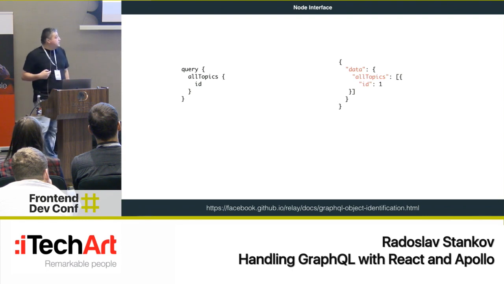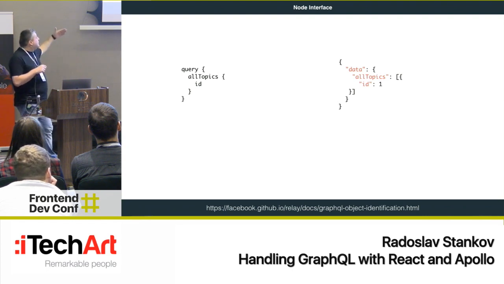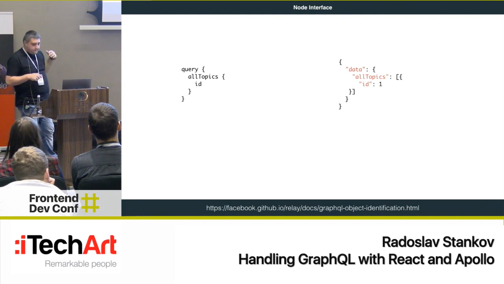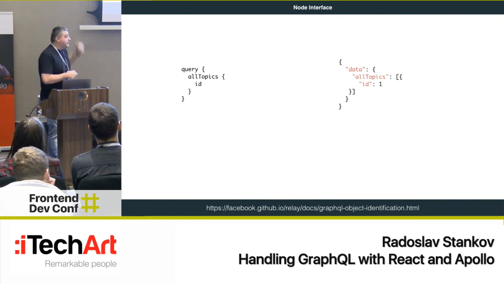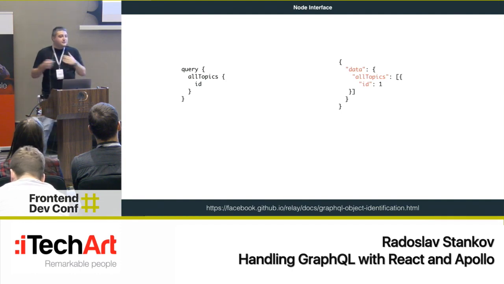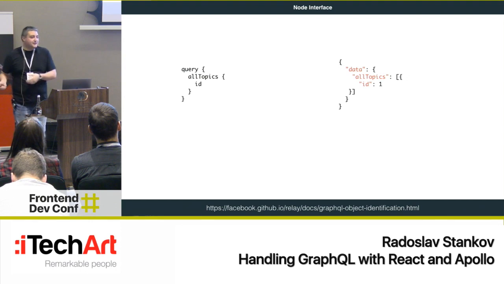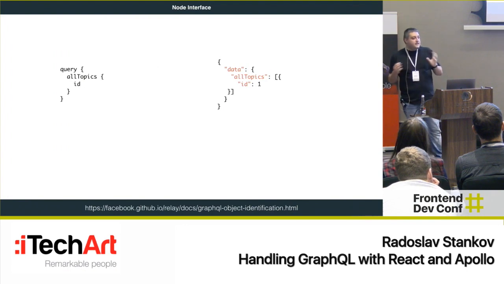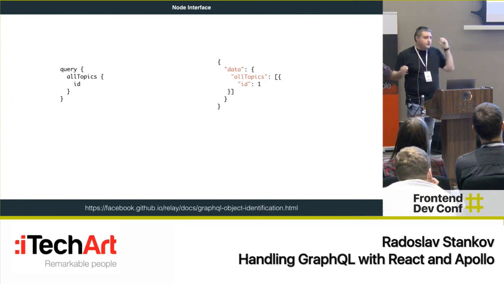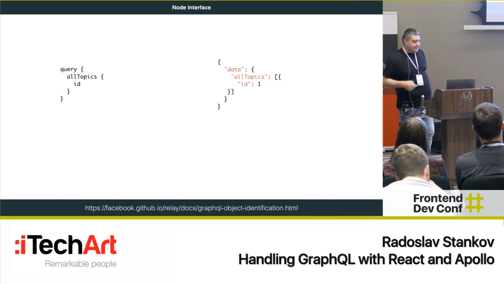So the idea of a node is, we have this topic and it has an ID, but I can bet in your systems, if you have topics with ID 1, you have a user with ID 1, which is most probably the founder or the first developer. You have something else with ID 1, and you cannot use this ID to uniquely identify objects in the graph, because if you want to have a cool graph, you should be able to point to any node in that graph and find it quite quickly.